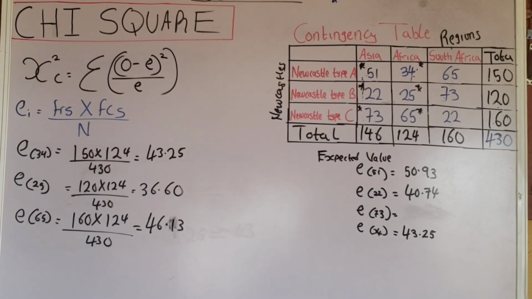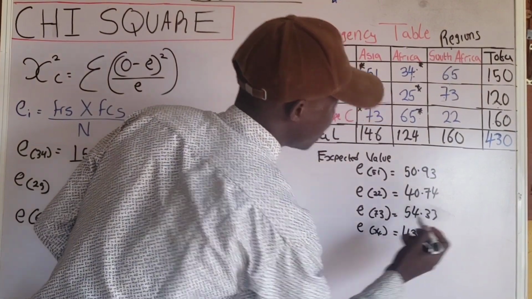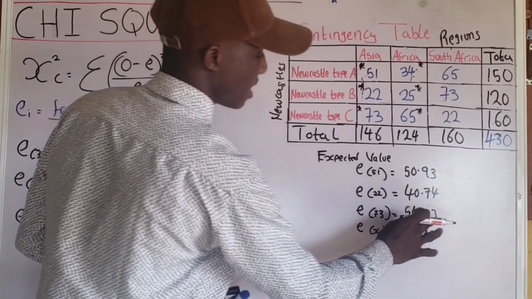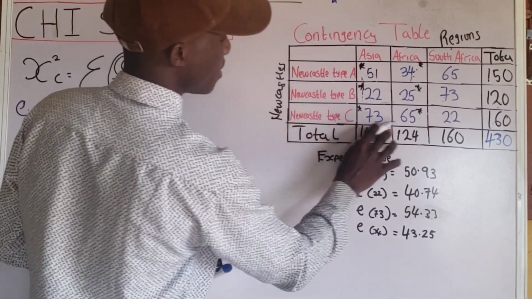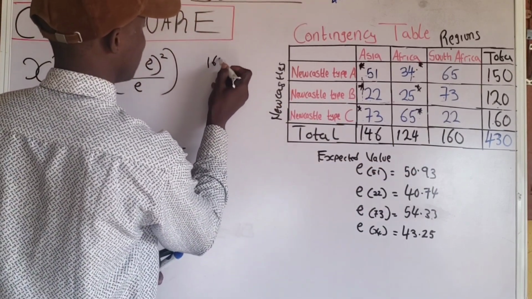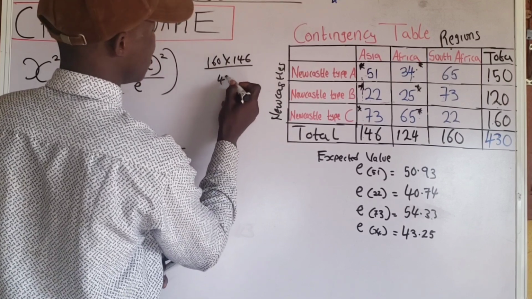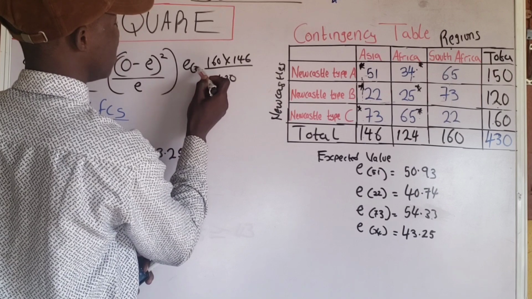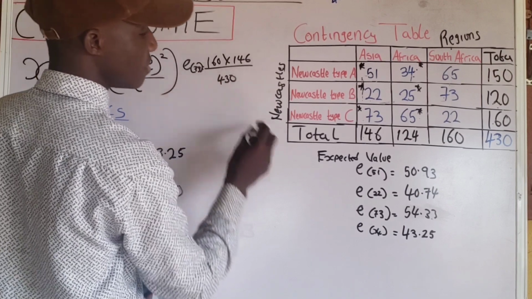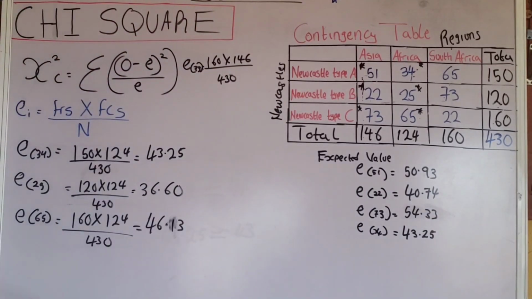It should be 54.33. I think there was a mistake when computing the data. For 73, you can do this: 160 times 146 all over 430. Expected value for 73, we are going to have 54.33. You understand?